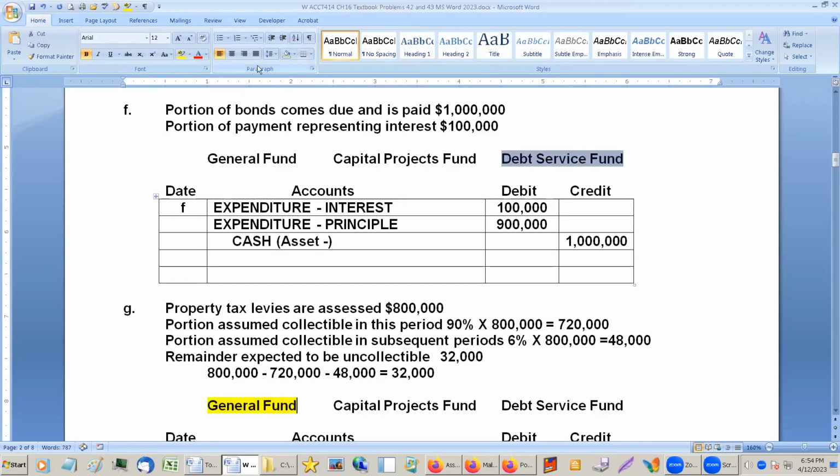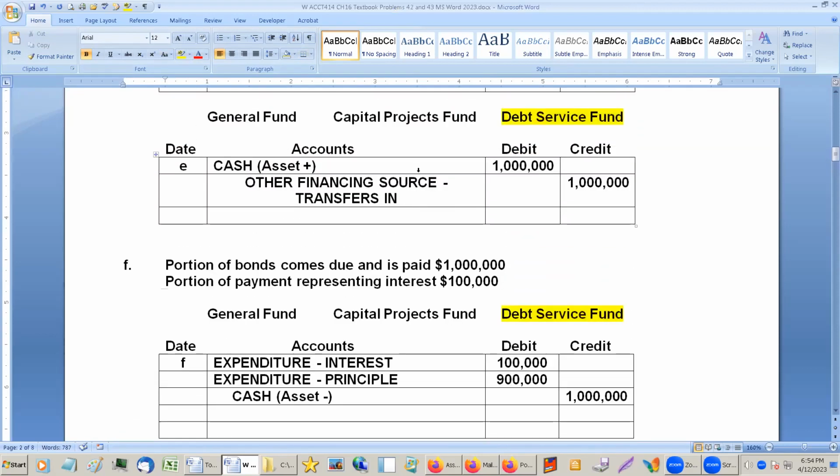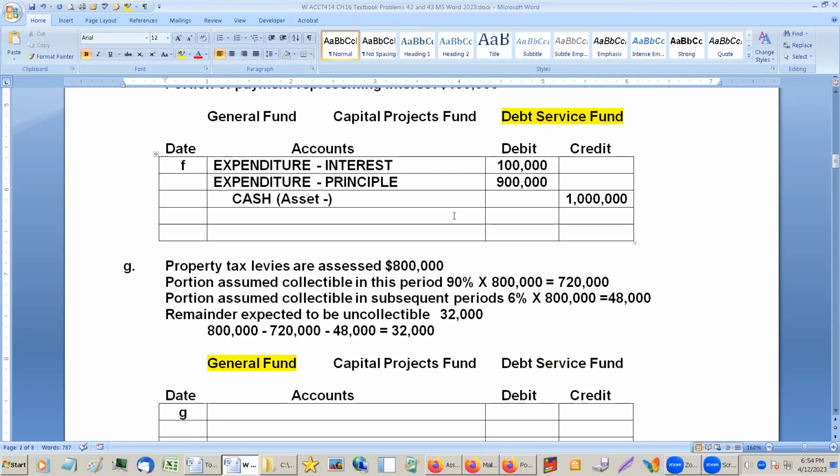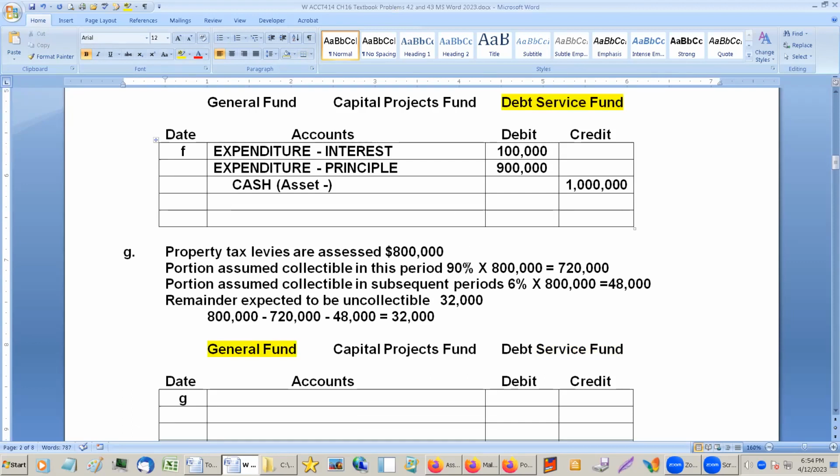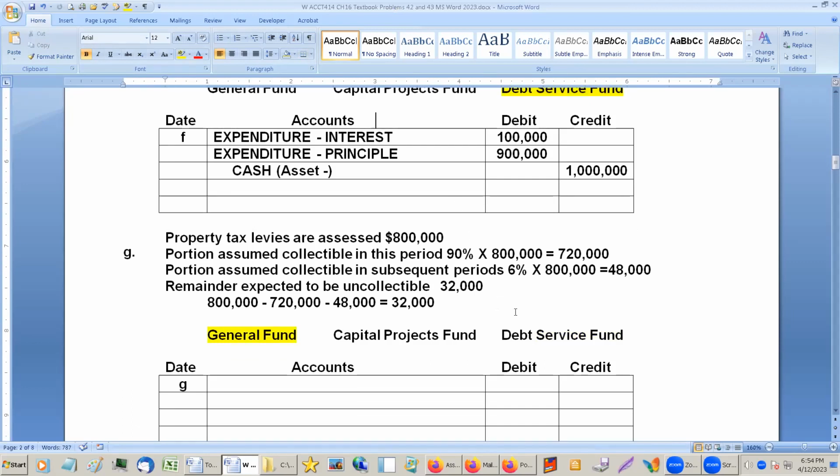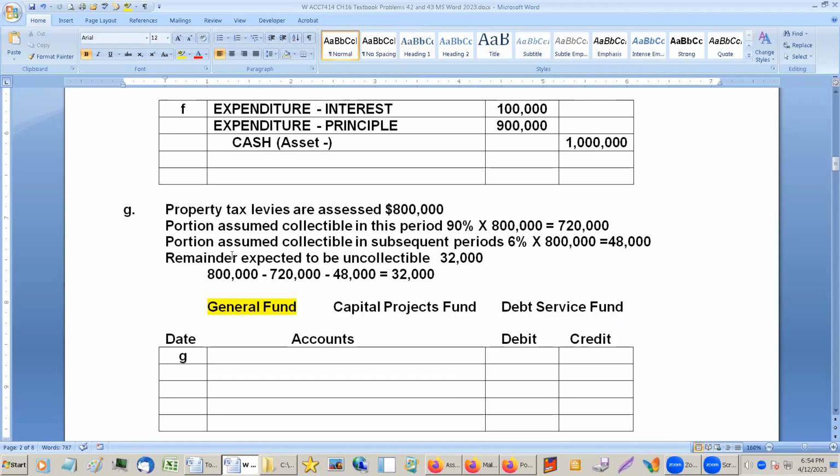This is debt service fund. Okay, I did that one. All right, so what are we gonna put in the books here for this? So the property taxes are sent out. What accounts are we gonna use?